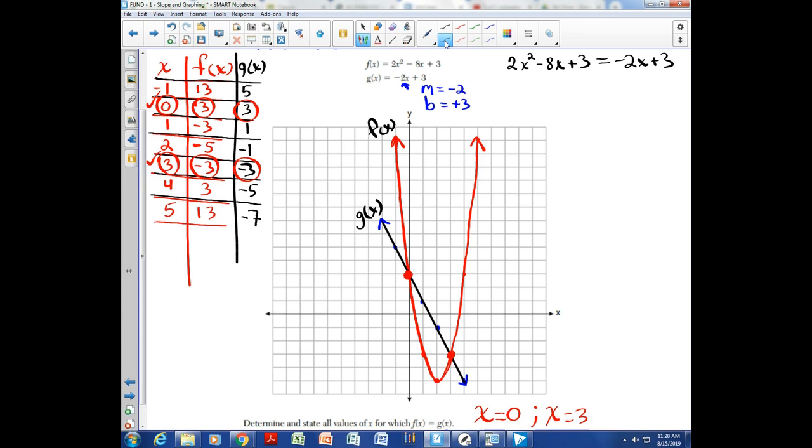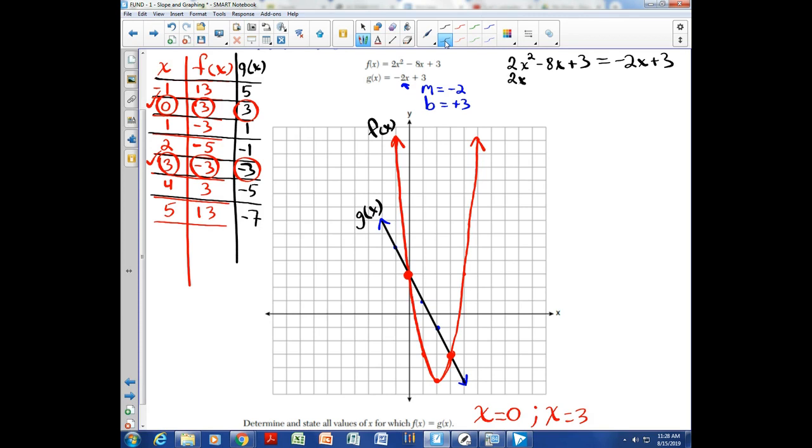And because we have an equal sign, it makes it an equation. One very nice way to solve quadratic equations is to first set the equation equal to 0, which means I'm going to bring that negative 2x and that positive 3 to the other side of the equation, putting everything on the same side and setting it equal to 0.